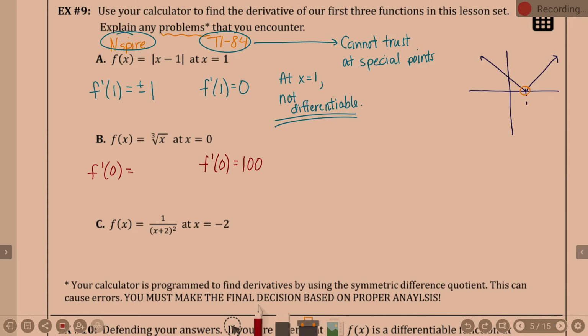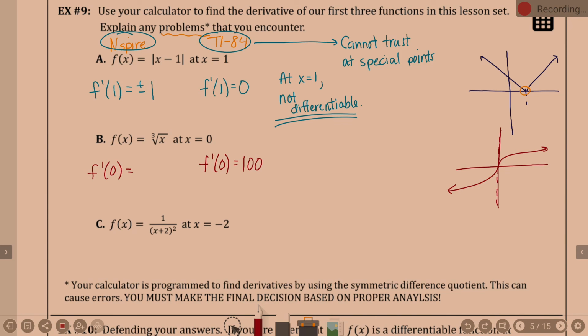Do you guys remember what the cube root graph looks like? It's the sideways one. It's like x cubed except it's the inverse. And so at x equals 0, what kind of tangent line do we end up with here? A vertical line, which means this is non-existent, not differentiable.